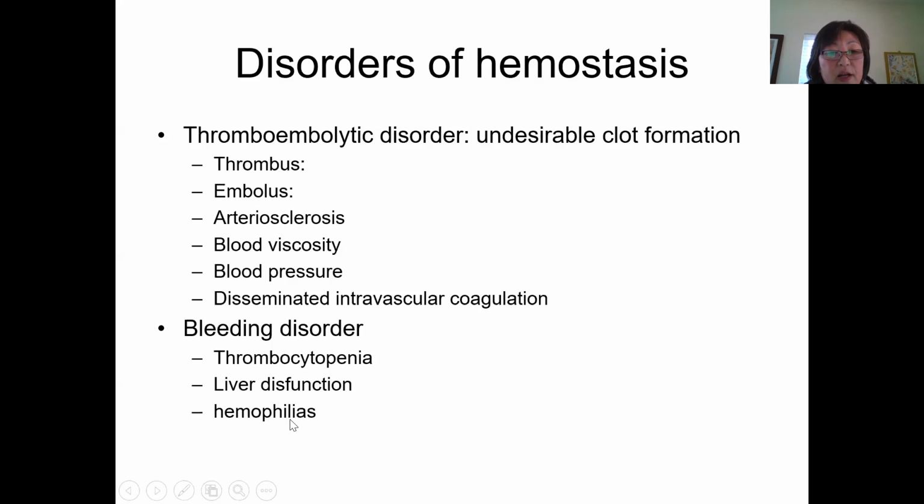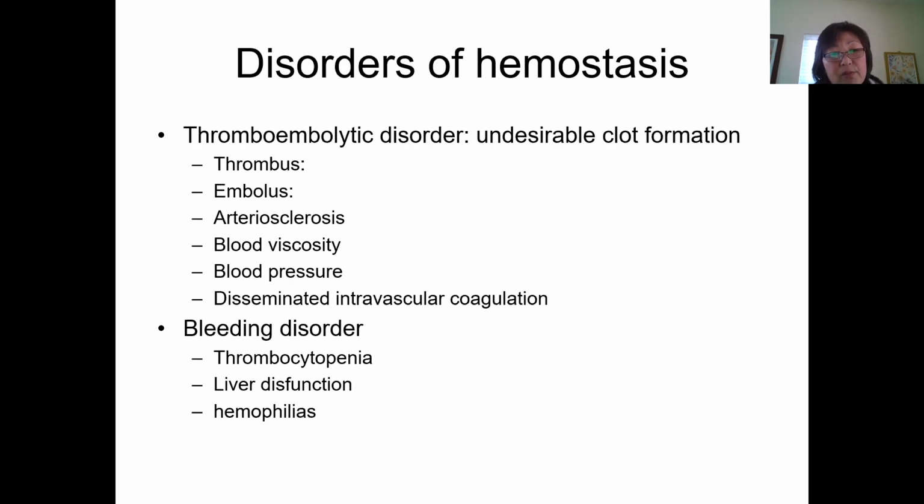This is hemophilia. This is a bleeding disorder due to lacking one or more of the clotting factors involved in this process. So remember we said the clotting factors, there are 13 of them. And if you miss one, it's a cascade process. If you miss one in the middle, then the rest of the reactions cannot take place.